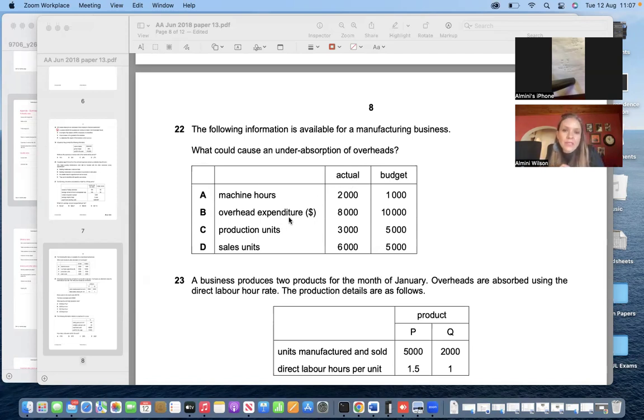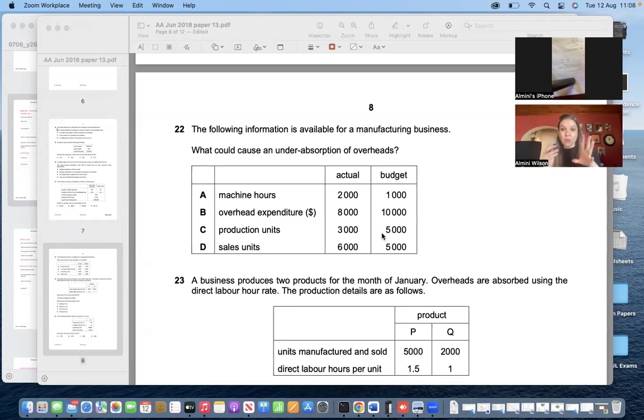If your overhead expenditure, the budgeted figure versus the actual figure, if the actual is lower, that's also a good thing. That will result in an overabsorption, because if you think about the cloud, it was actually smaller than you thought. This is the only issue that I've seen so far. The production units, your budget was 5,000, but your actual was 3,000.